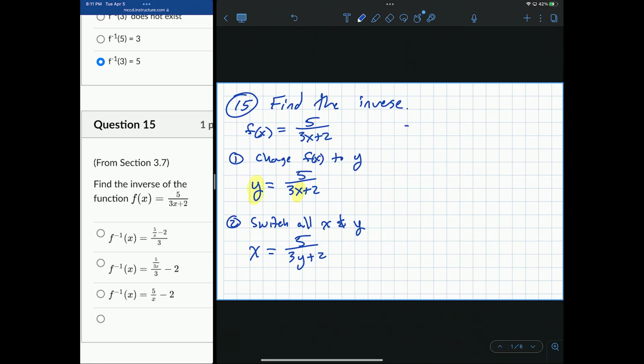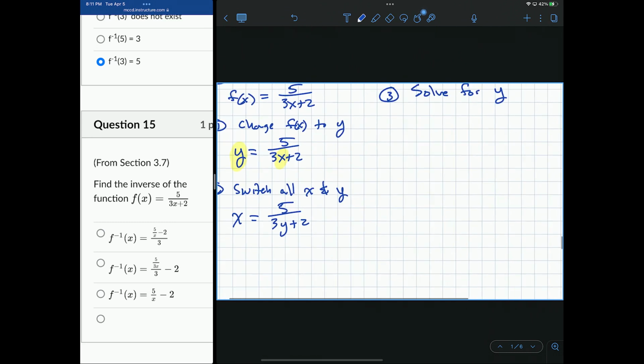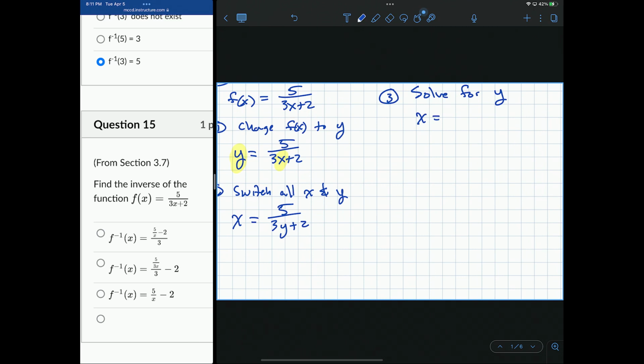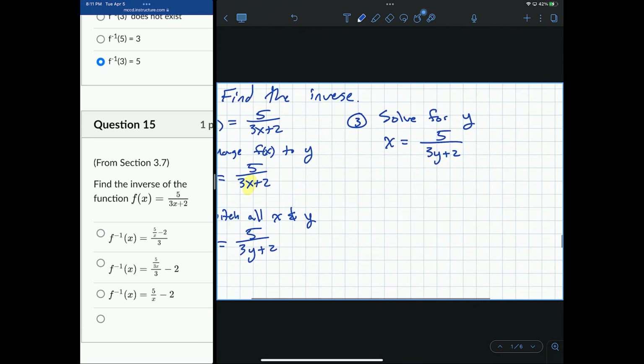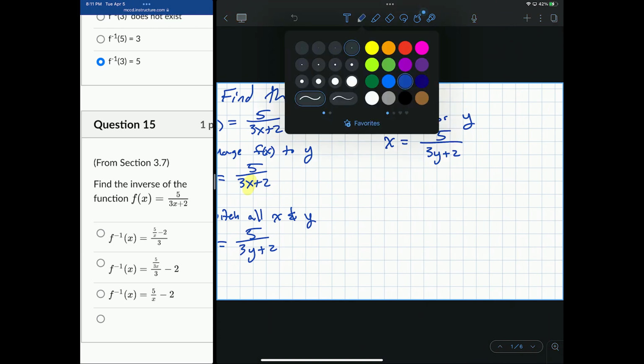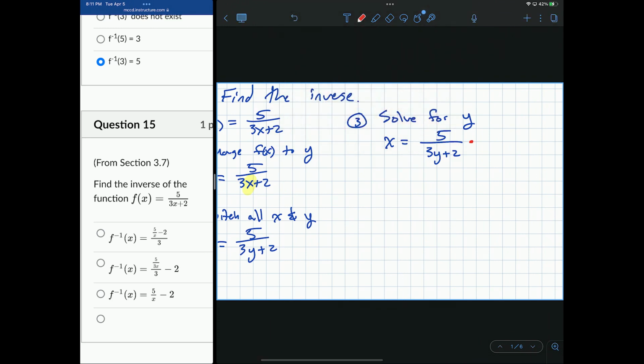After you do that, then what you want to do is solve for y. And this is where the work is. So how do we solve this for y? Well, when you've got a fraction like this, you want to get rid of the fraction as quick as possible.